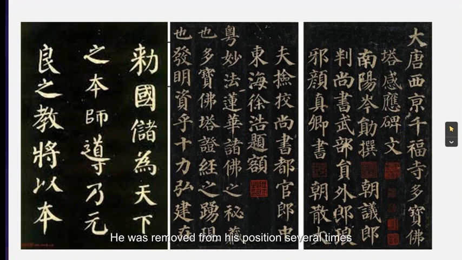He was removed from his position several times. The reasons, we are told, were his uprightness and outspokenness. He was finally executed in 785 at the age of 74 by the leader of a rebellion.